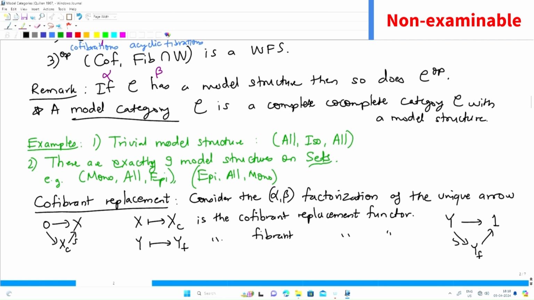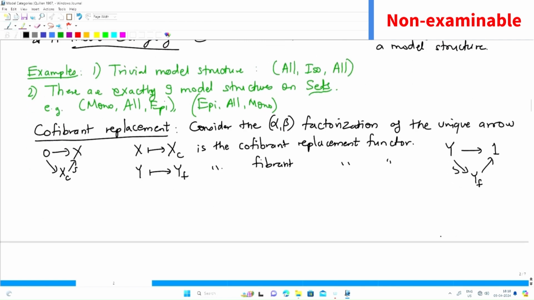So when do we say that a particular object is cofibrant? We say that X, an object of C, is cofibrant if 0 to X is a cofibration.